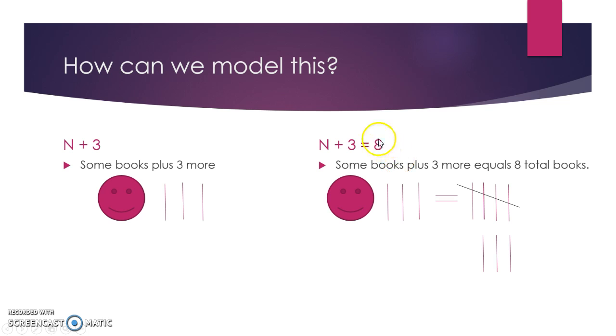So I can answer it if I know what it is. Otherwise, it's this thing over here. I call this an expression. It's just kind of a phrase. And I call this a sentence, an equation, or an open sentence. And that is easier to solve because it's more like a sentence, right? Some books plus 3 more equals 8 total books. I have a verb here.